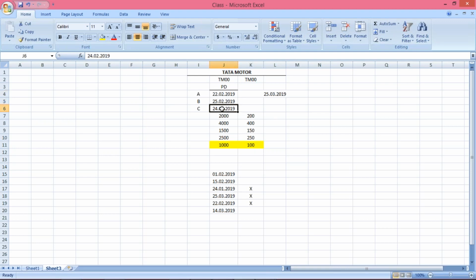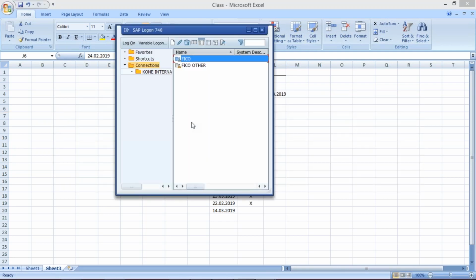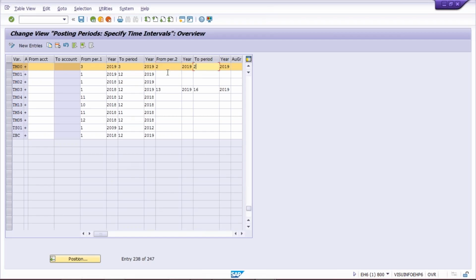But why has management given this second period here? If they want to allow everybody, then here itself they will open February to March. Look here, February to March is open.